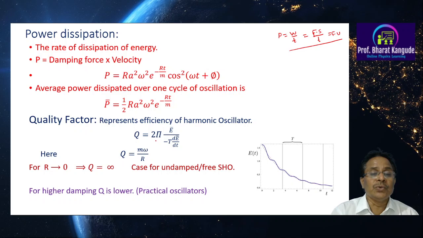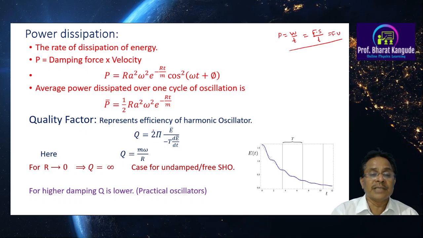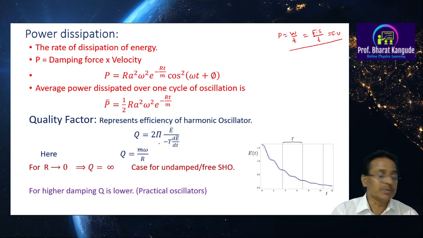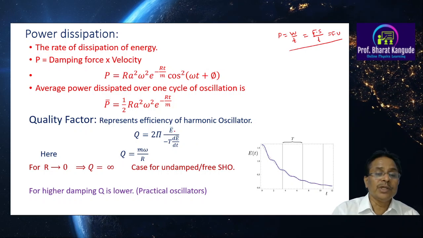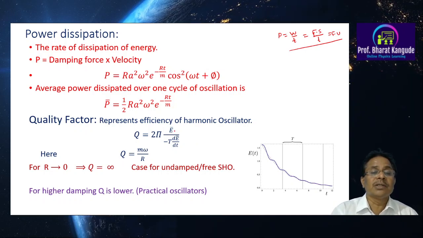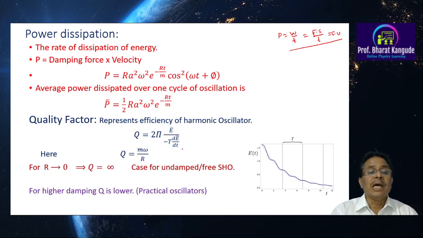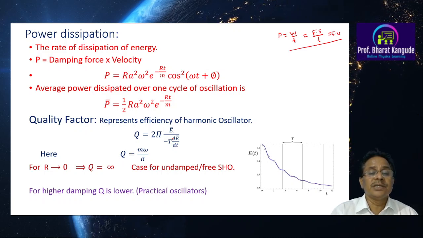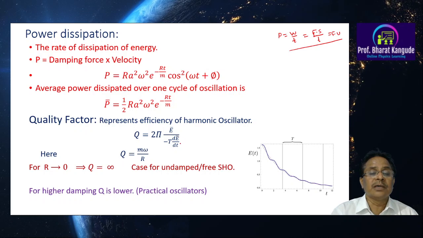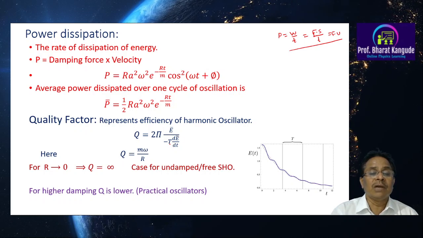Twice pi into, to have this as a pure number, we require this twice pi. E bar is the average energy stored inside this damped harmonic oscillator, and this is the rate, that is, the amount of energy lost per cycle into the time required for a cycle.